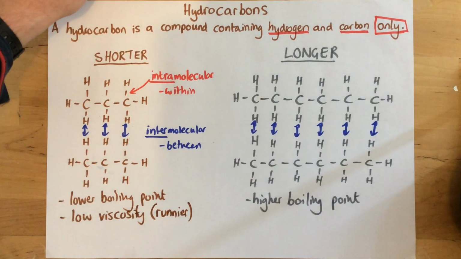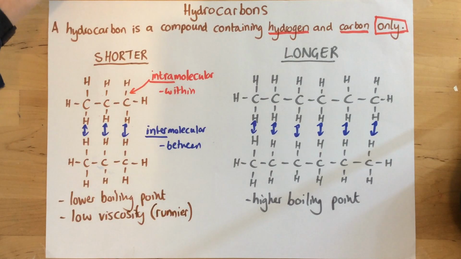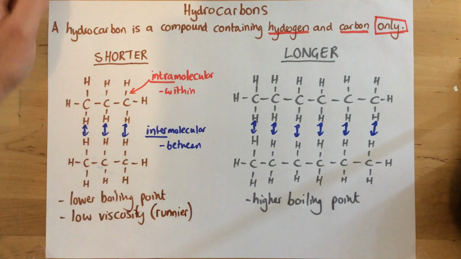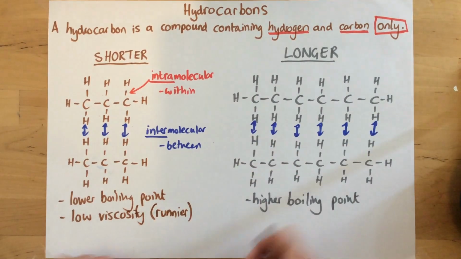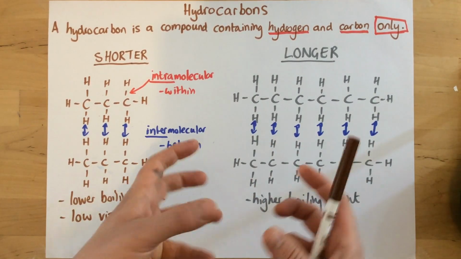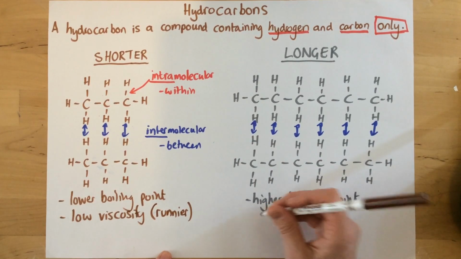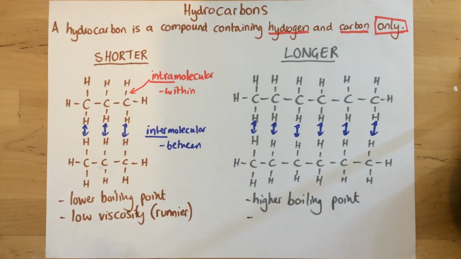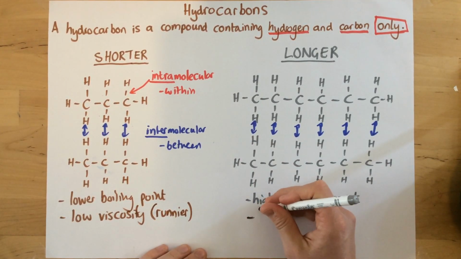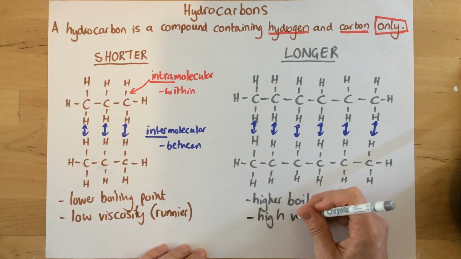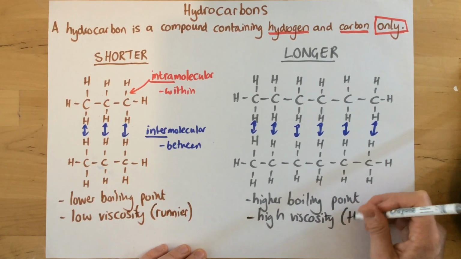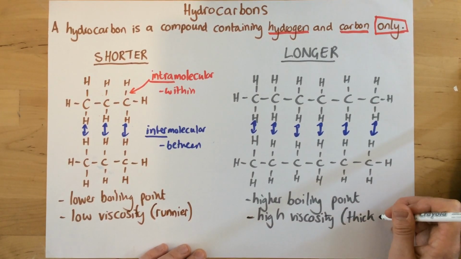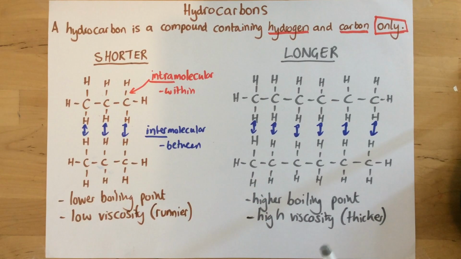Now, the reason for that is essentially if you have longer hydrocarbons, there's basically more forces holding it together, so it will be more viscous, it will be more thick. So this kind of thick consistency is described as having a high viscosity. So thicker, a little bit like treacle or syrup, so much thicker.